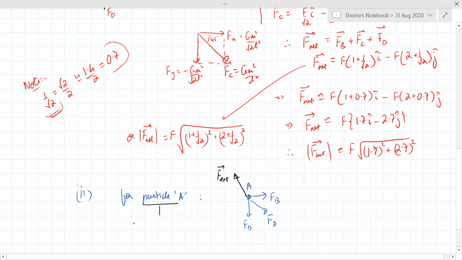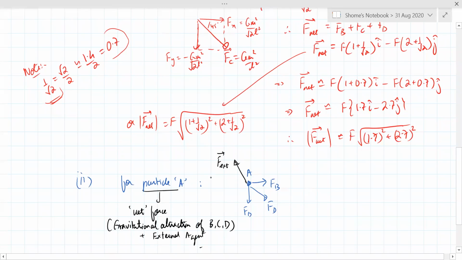Okay. So if the net force, that is the force due to the gravitational pull of B, C and D plus the external agent, okay, that has to be 0.